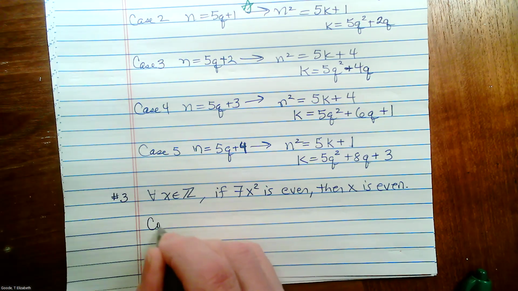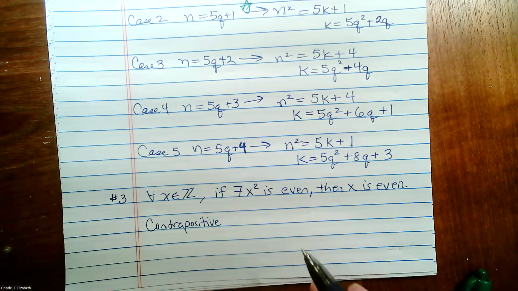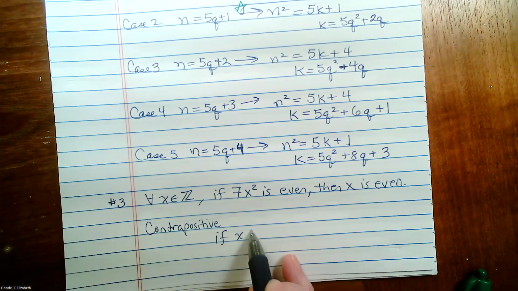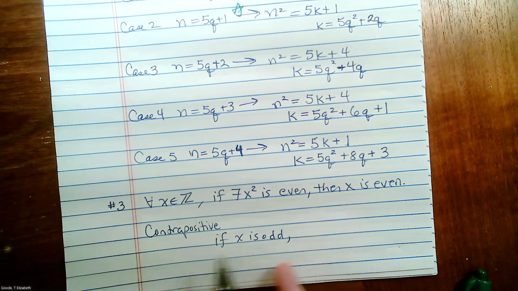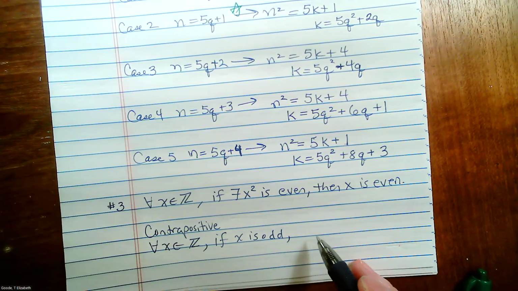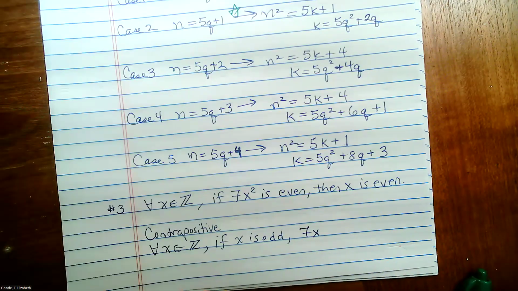I said that assume x is odd, and that's the hypothesis. Yeah, because the contrapositive is if x is odd. I said if x is not even, then for all integers 7x squared would be odd. I don't really think that's the correct way to say it.